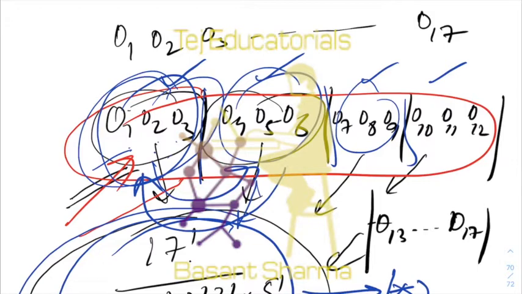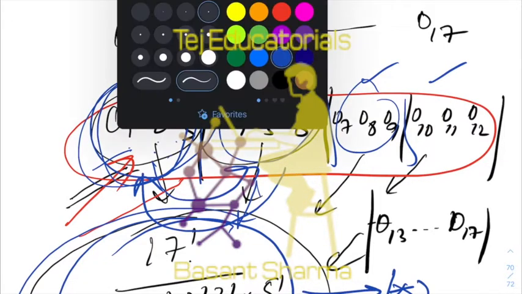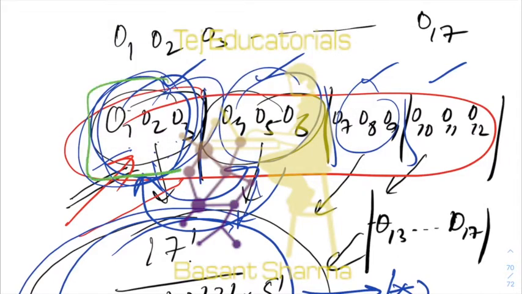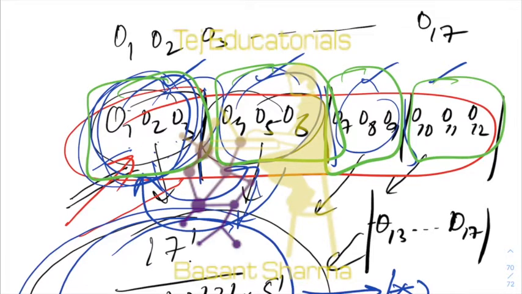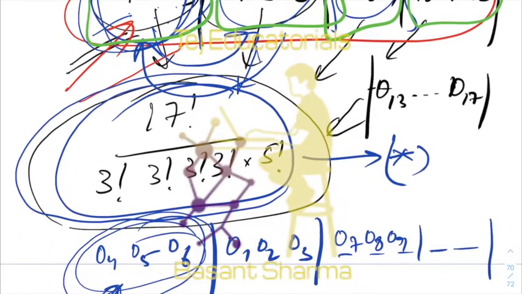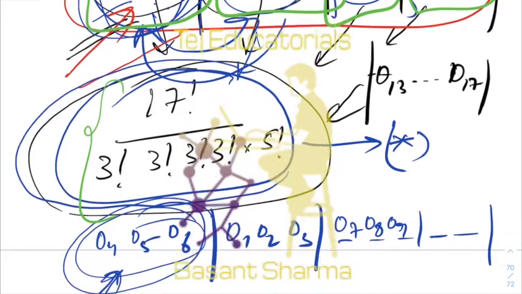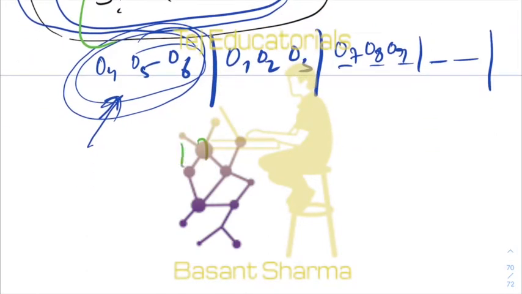So these green blocks, each of size 3, can permute amongst themselves in 4 factorial ways, right? And these 4 factorial ways are not accounted for in this thing. So you have to further divide by 4 factorial. All right, so this would be the answer.